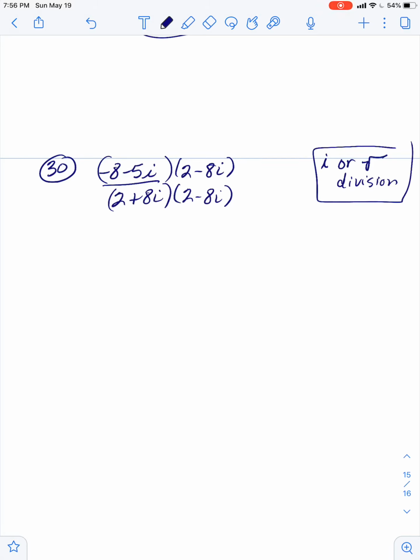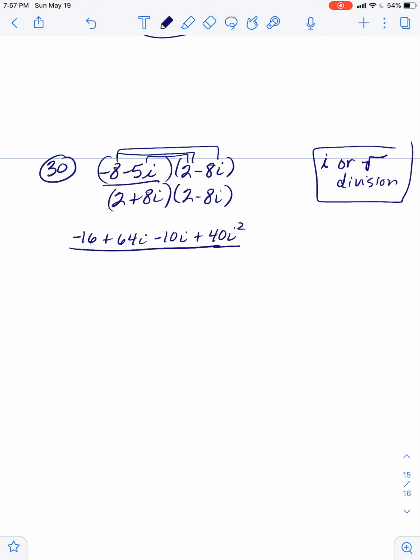So we're going to go ahead and FOIL in the numerator. This one's going to be a little long, so I'm going to FOIL the numerator. So negative 16 plus 64i, inside minus 10i, and then your last would be 40i squared.